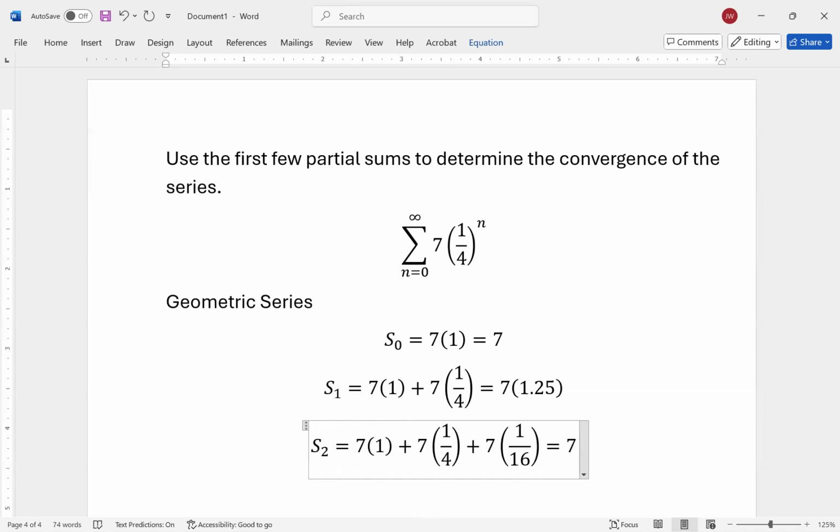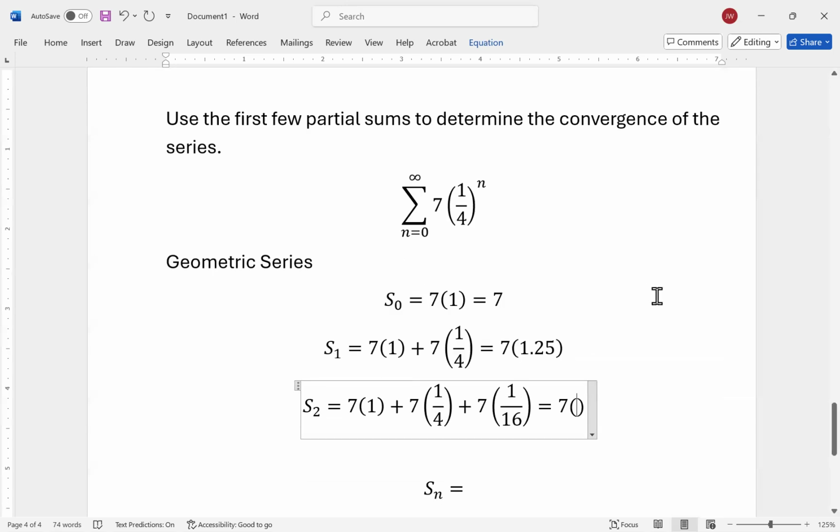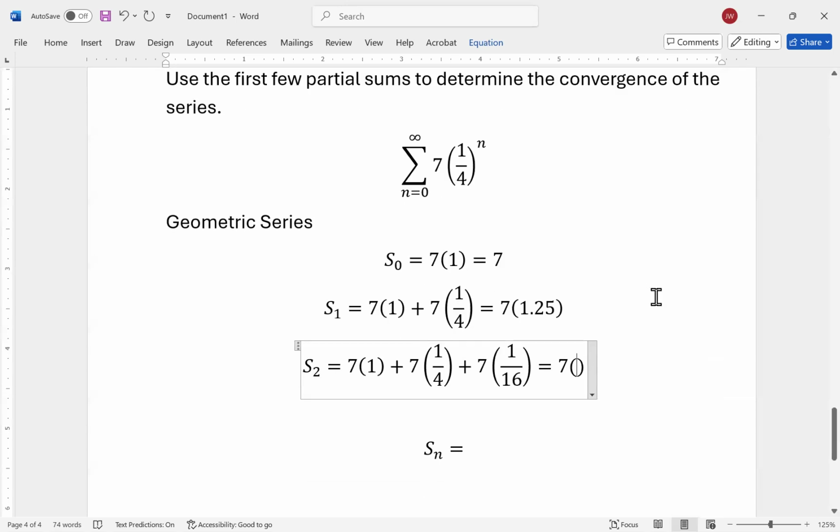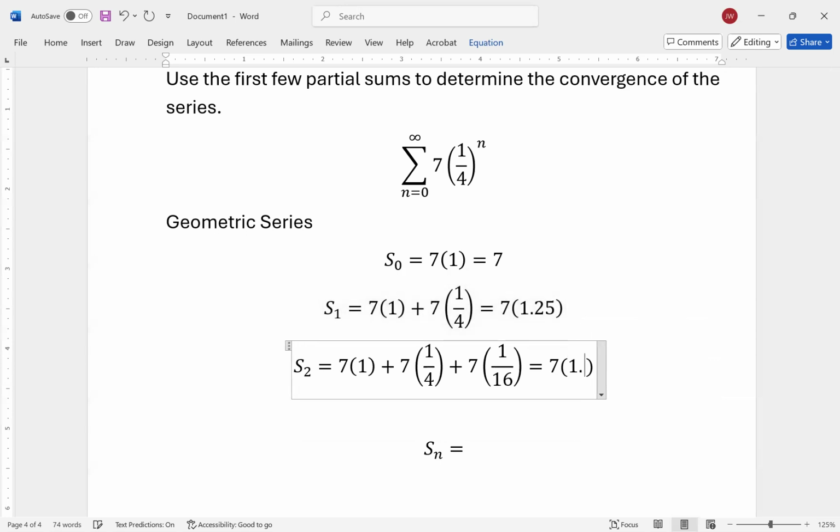Once again, I'm going to factor out a 7, and I'm doing this because I kind of know where we're headed here. I can just add 1/16 to the 1.25 I got earlier and get 1.3125.